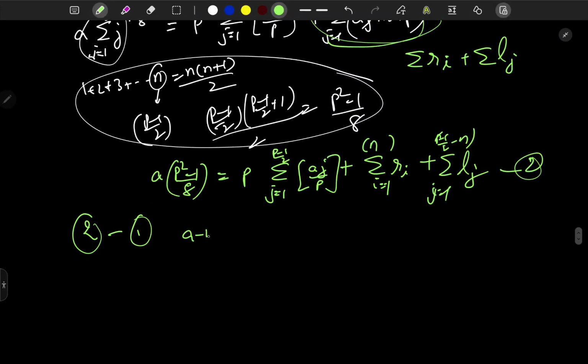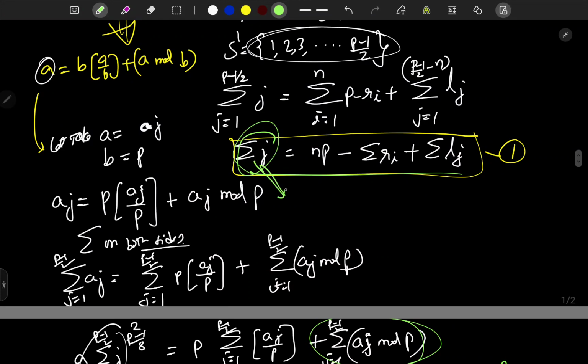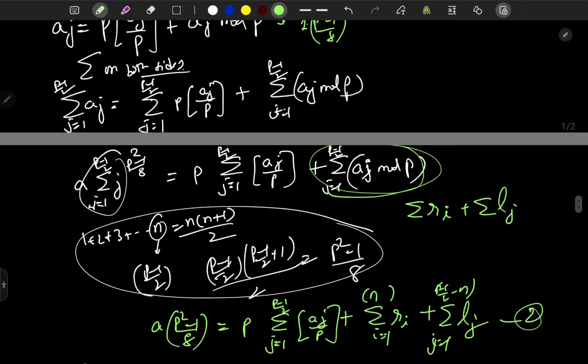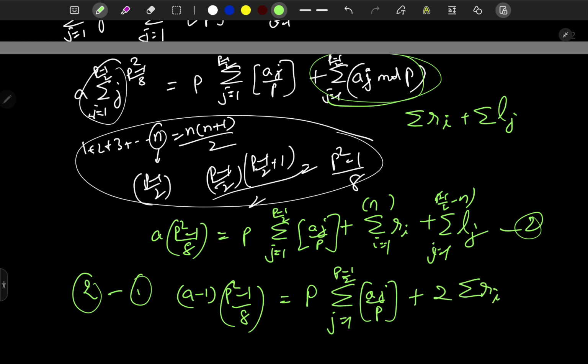So what will happen, tell me? (a minus 1) into (p square minus 1) by 8. Why a minus 1? Because here sigma j is nothing but 1 into (p square minus 1) by 8. That is equal to p into sigma j equals 1 to (p minus 1) by 2 floor(a_j by p) plus 2 into sigma r_i.